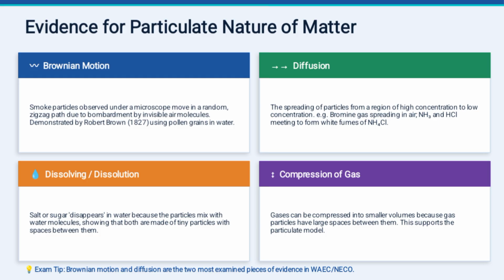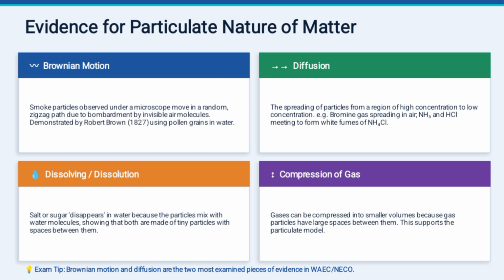The second evidence is diffusion, which is the spreading of particles from a region of higher concentration to a region of low concentration until they are evenly distributed. An example is when bromine gas spreads in air, or when NH3 and HCl meet to form a dense white film of NH4Cl.